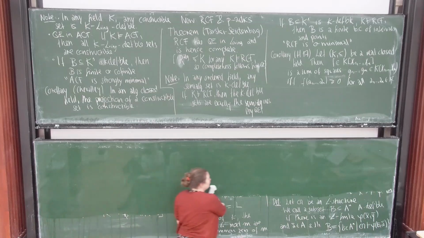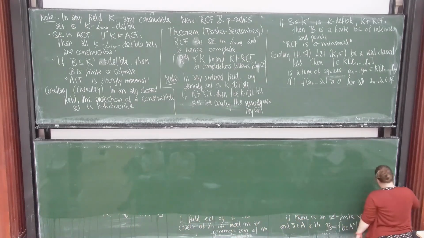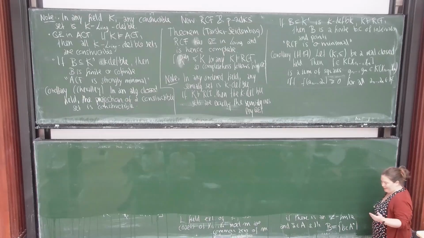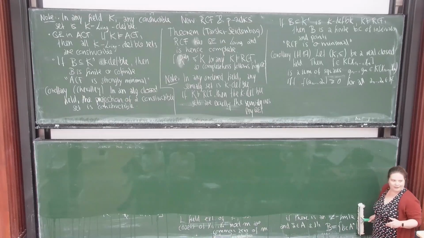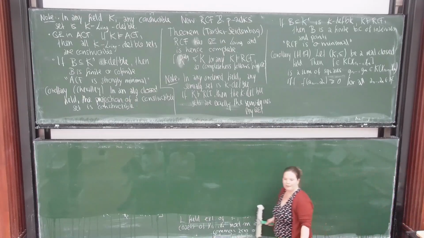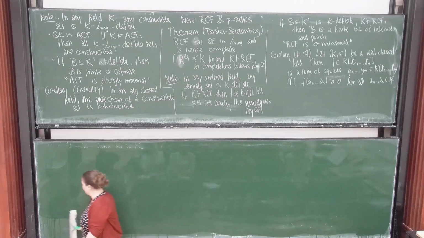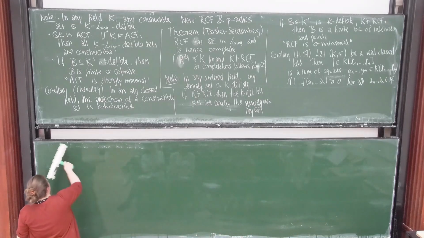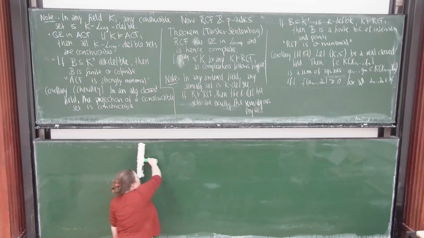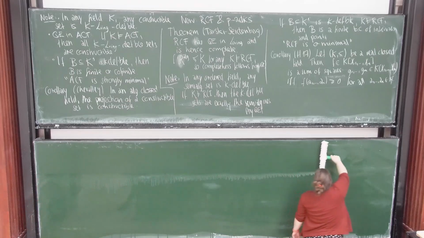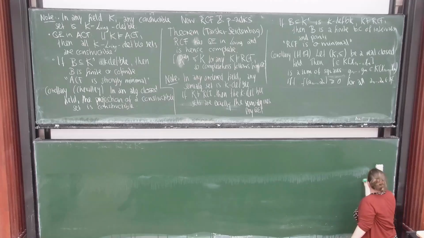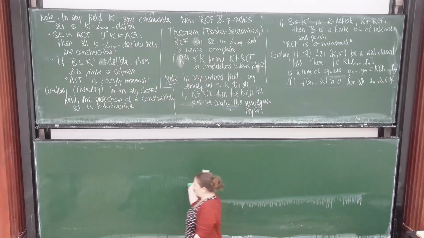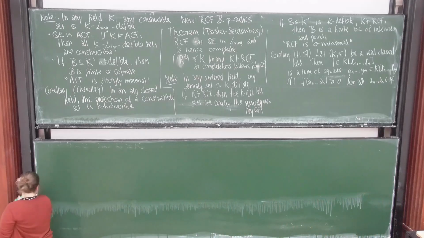If I have an ordered field, any element which is a sum of squares is positive. Squares are positive in ordered fields, and so sums of squares are positive with respect to any field ordering. And in a real closed field, you remember the converse also holds. This was part of the definition of being real closed.